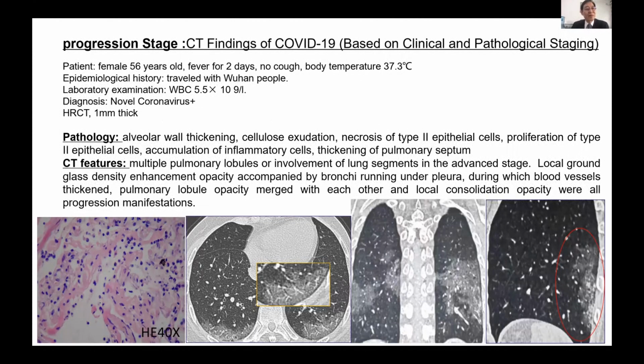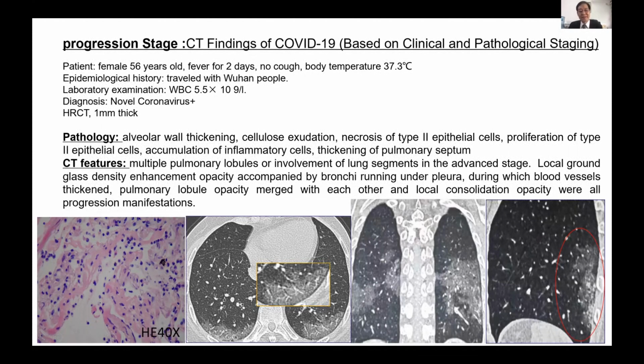This case is a progression stage. The CT manifestation shows enhancement of CT accompanied by peripheral lesions and pleura, during which blood vessels are thickened.